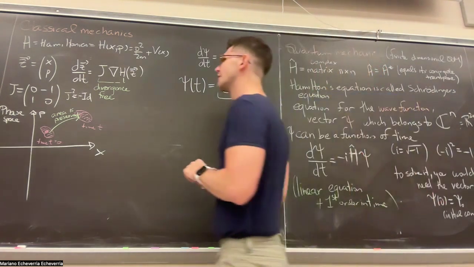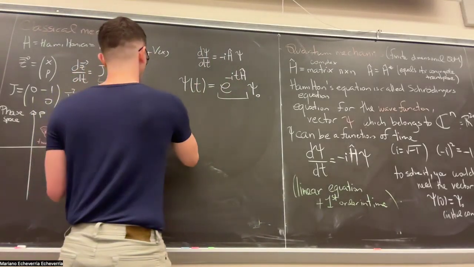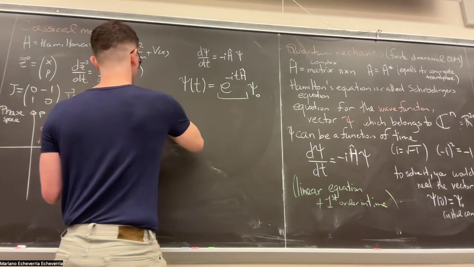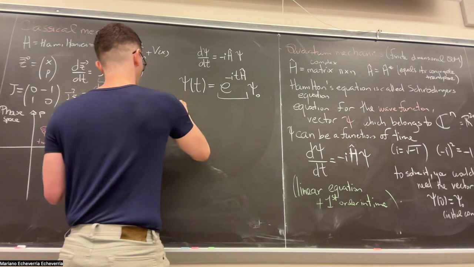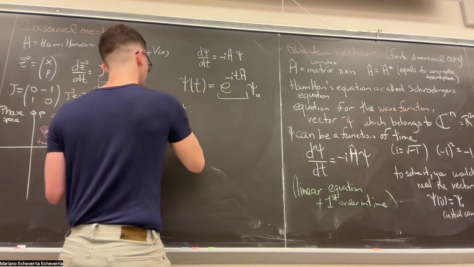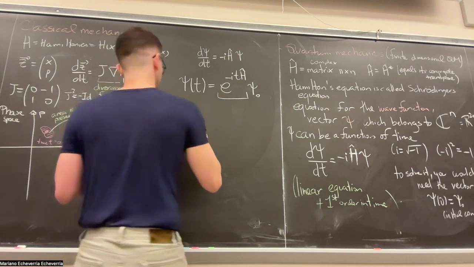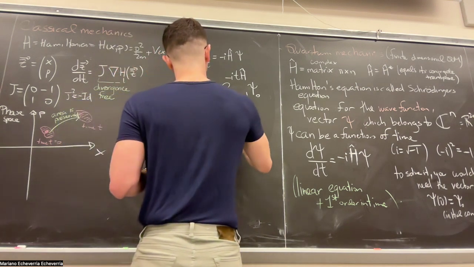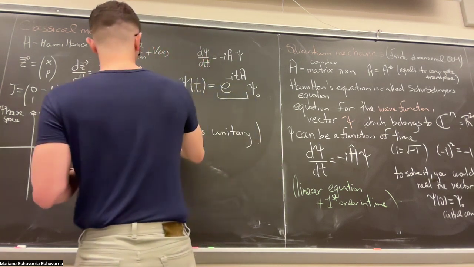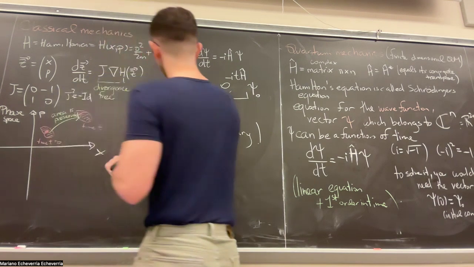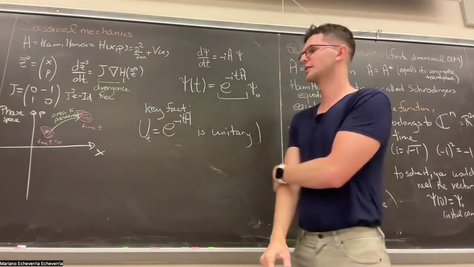I don't know if you remember the discussion we had last time about unitary matrices, but the key fact is that e to the minus itH hat is unitary. Sometimes the matrix is called U sub t, meaning the matrix at time t is this thing.